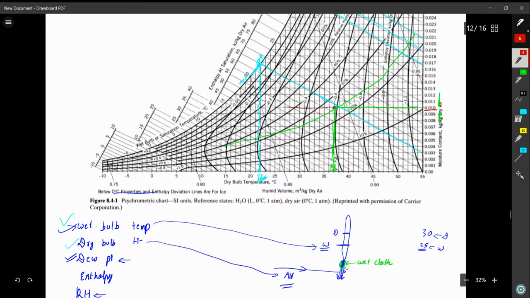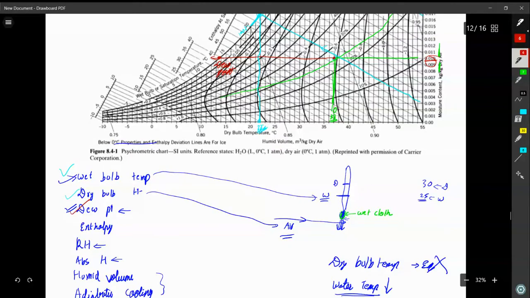So just move left on a horizontal line. Wherever you reach the saturation curve, that's the dew point, because here I'm not changing the absolute humidity. So this point is the dew point. Okay, we defined dew point as well.